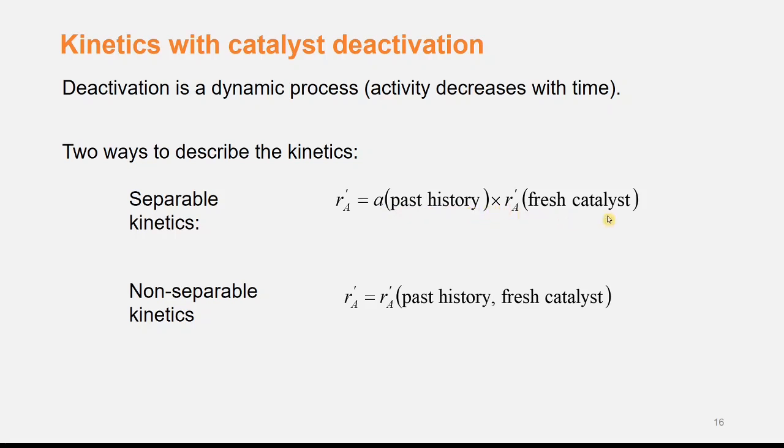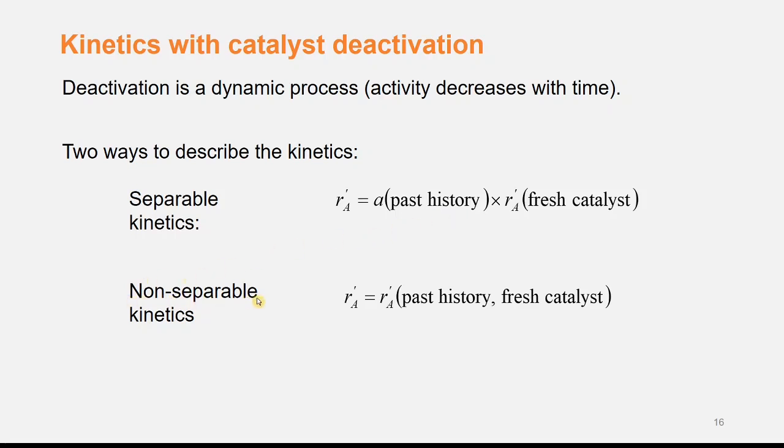You learned how to write Ra prime fresh catalyst from the previous lectures. And we defined A of t, the catalyst activity, in the previous slide. This depends on how you started the reaction. It may also depend on the concentration of reactants. We will discuss an example shortly.